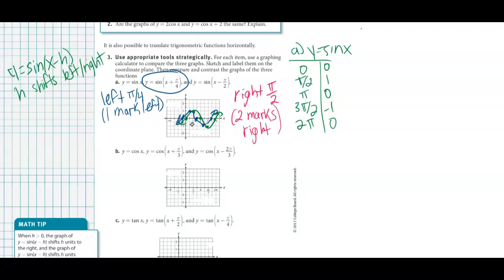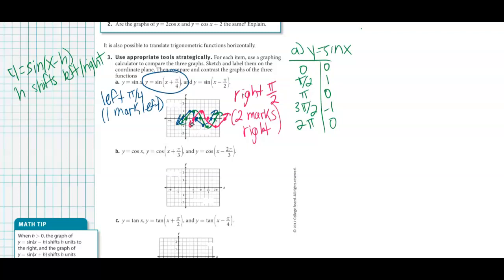So I'm just going to take that green graph, the parent, and go right 2. And connect my points.